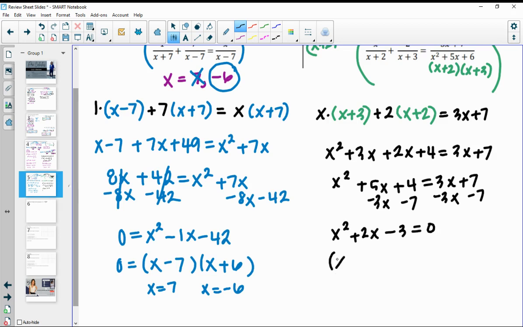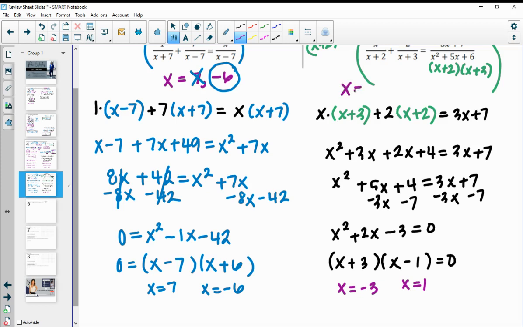So now we'll want to factor this, and we have an a value of 1 again. So we'll just find the factors of negative 3 that add to positive 2. So that's going to be plus 3 and minus 1. So the answers that we'll get when we subtract 3 is going to be x equals negative 3, and we'll add 1 here to get 1.